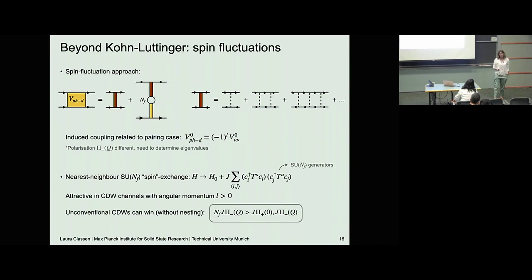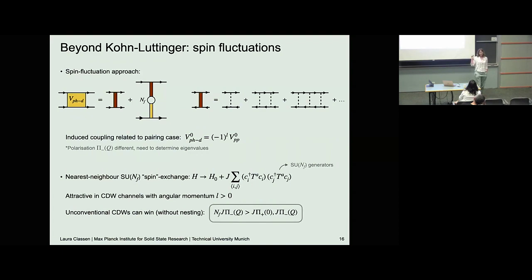weak coupling universal considerations and phenomenologically add a next nearest neighbor spin exchange, which may be induced by the stronger Hubbard interaction. Here just generalized to the SU(N) operators instead of SU(2) spins.